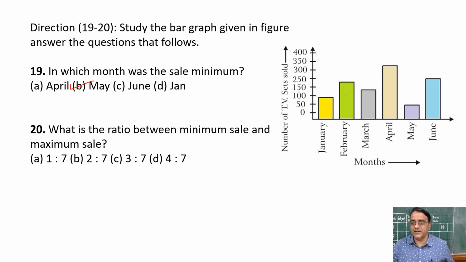May. What is the number for minimum sale? 50. 50. Right. 50. And the maximum is 300. 300. So 50 divided by, एक मिनट है ना, ये दोनों के बीच में 325 ले लें.